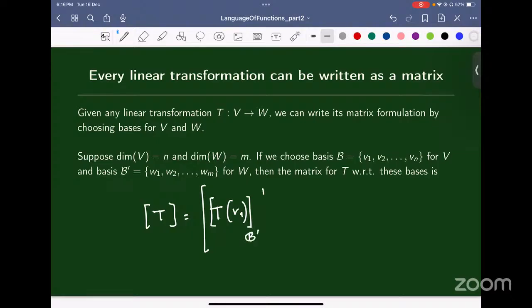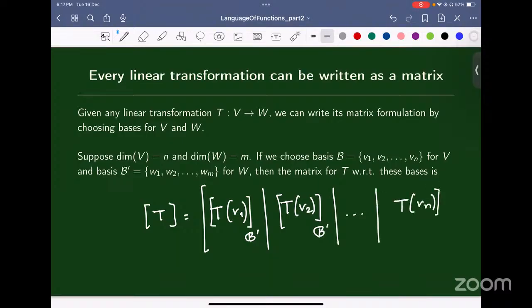I'll tell you in a moment what this means. The second column is the vector of coefficients that you get when you express T of v2 in the basis B prime, and so on, up to the last vector vn. Each of these needs to be expressed in this basis, and then the coefficients written in a column.